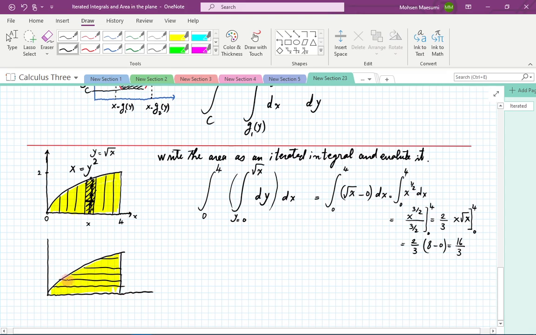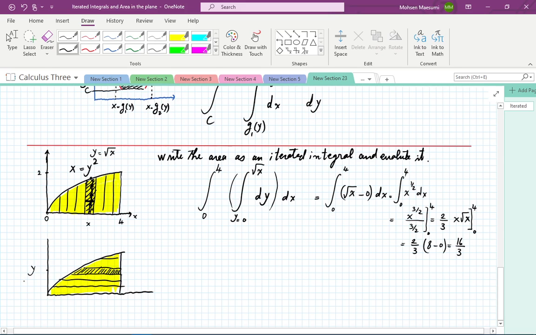Approach number 2, we said we are going to slice this thing from left to right. So the strips that I'm looking at would be something here. Let's pick one of them, see how it looks. In this case we choose a certain y. At that y we make a slice.